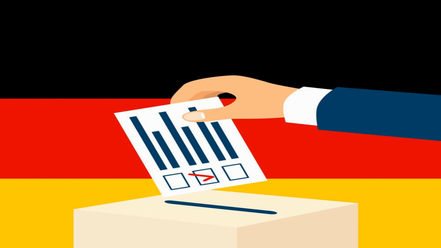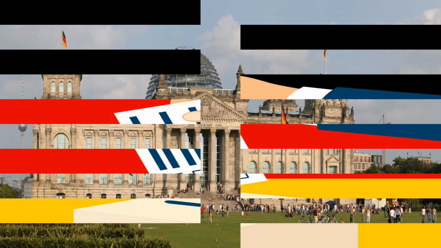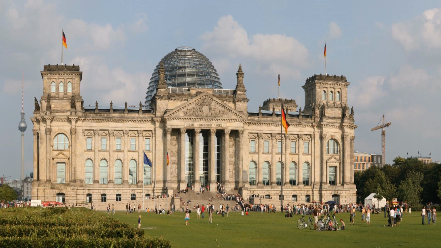According to Art. 20, para. 2, page 1, all power emanates from the people, that is the people of Germany. Therefore, Art. 12, para. 1 of German federal electoral law determines in accordance with constitutional law that only Germans in the sense of Art. 116, para. 1 are eligible to vote.